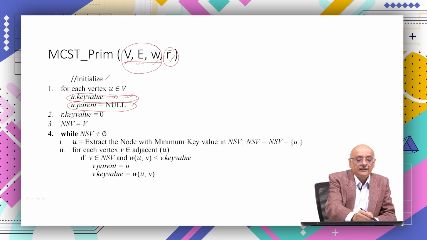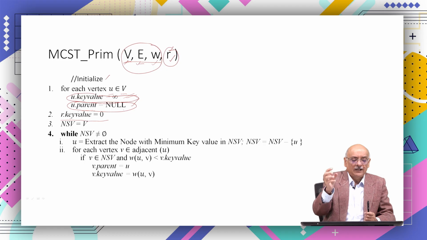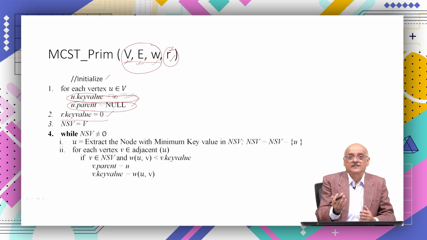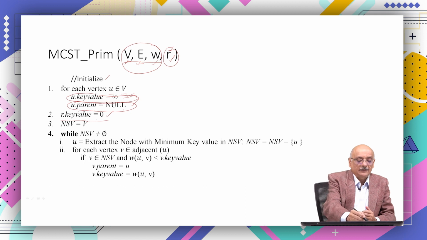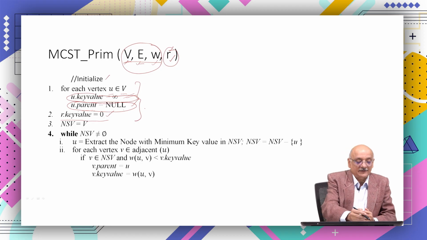And the final thing is that when we are starting, we have already given one root node R. Since it is the root node, the weight of this particular node is going to be 0, so its key value is specified to be 0. This is the basic initialization step as far as Prim's algorithm is concerned.